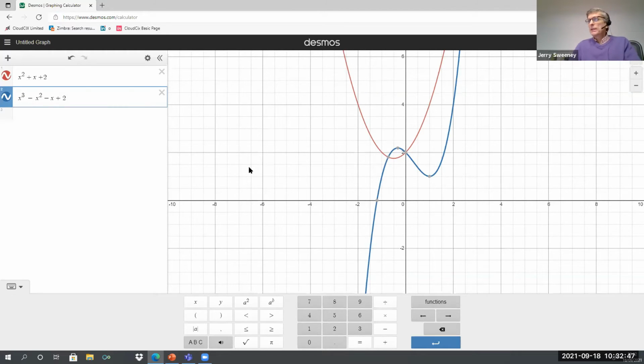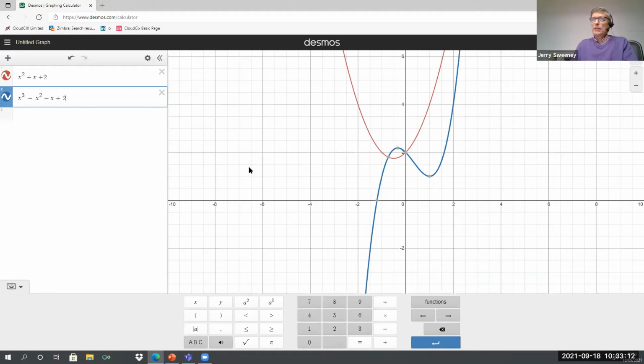And what I was saying earlier, okay, is that if the order of the function is odd, then it must cross the axis in at least one place. If it starts to the left as a negative and ends on the right as a positive, then it must cross the x-axis.